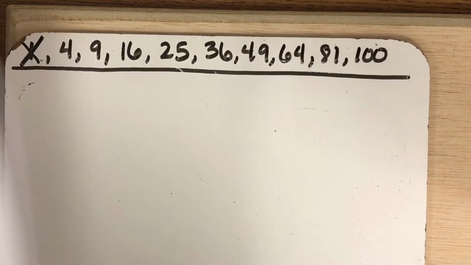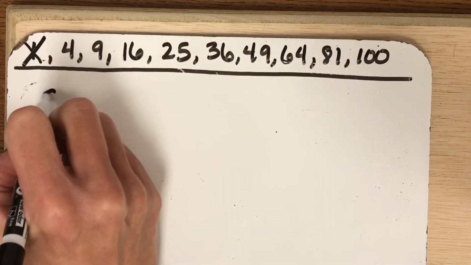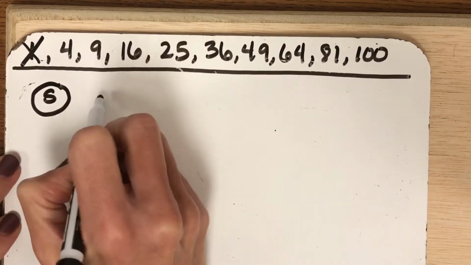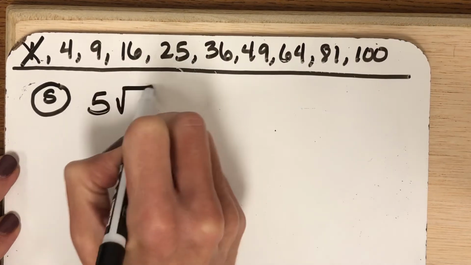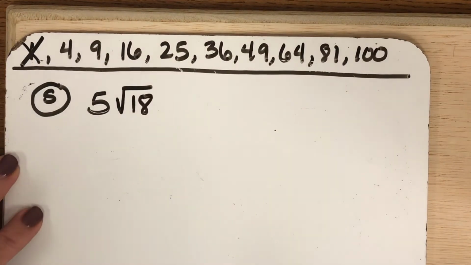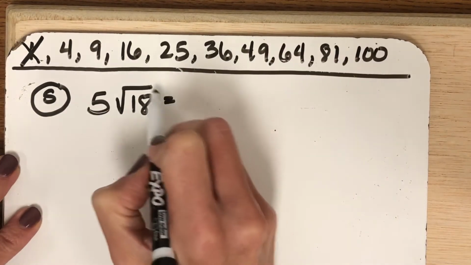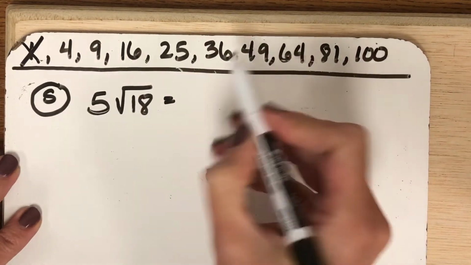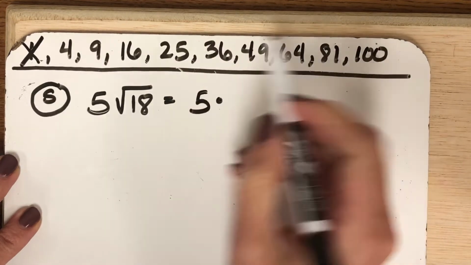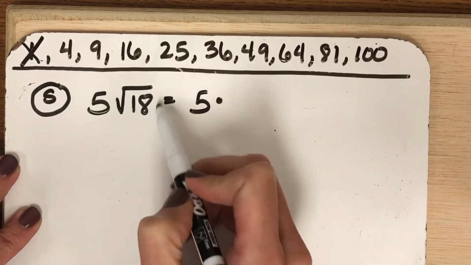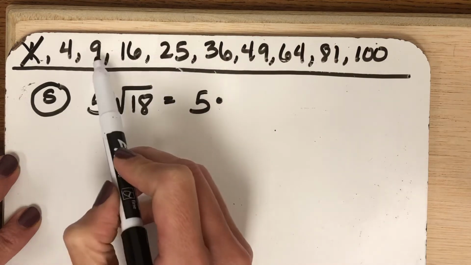I'm going to go over here to this next quadrant and do the top 2 problems. So here's problem number S, 5 times the square root of 18. Here I have a whole number times a square root, so I'm going to try to simplify this square root. I'm going to pull out a factor of 18 that's a perfect square, and that's going to be 9.